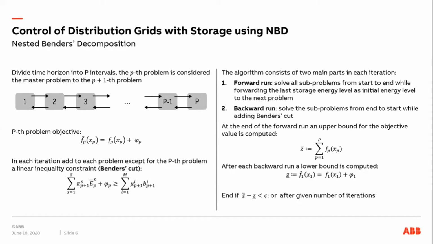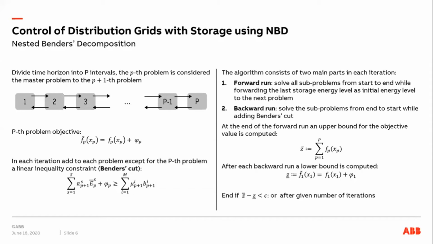On the left side, the sum is done for all the storage. The mu is the dual variable for the storage balance constraint for the slave problem P+1. The EPS is the final level of the energy storage for the problem P. And phi is the future cost for the right-hand problem.